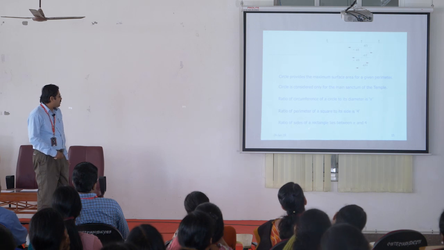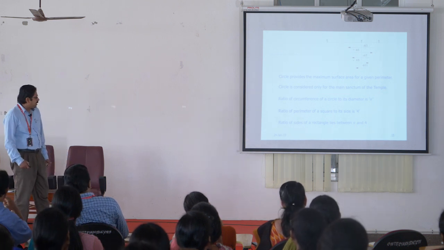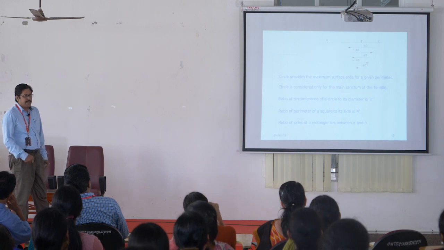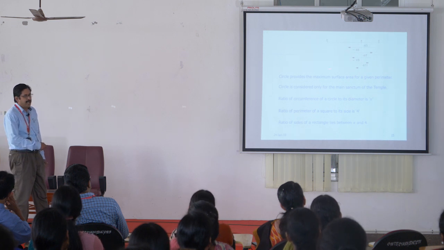And the ratio of sides of a rectangle recommended by Vastu Shastra lies between pi and 4. So Vastu Shastra recommends such ratios which have the property which lies between the property of a circle and the property of a square, that is between pi and 4. Only these values are recommended.